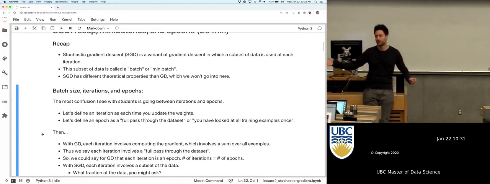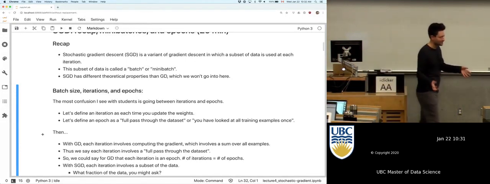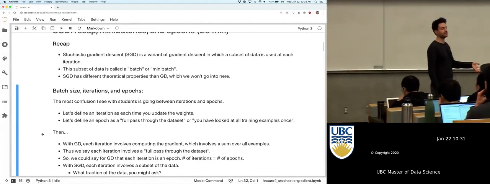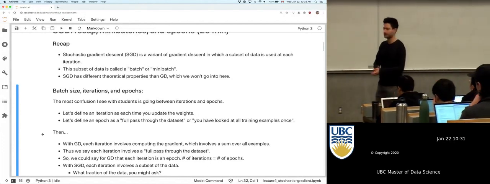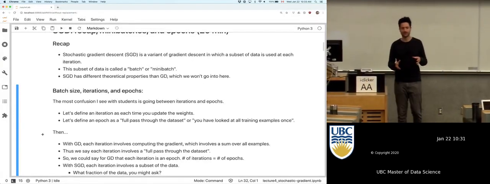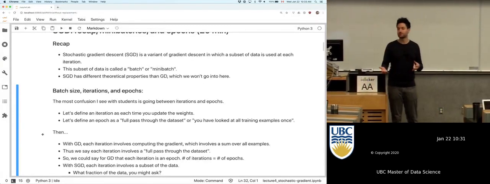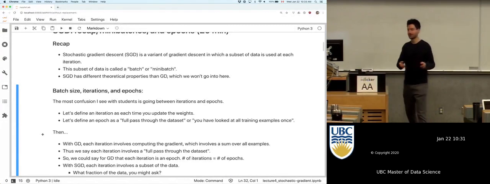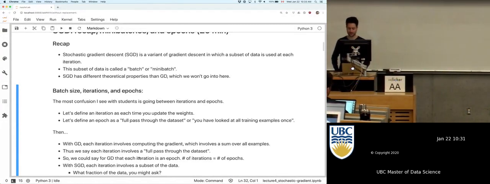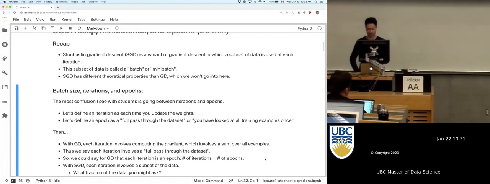Whatever loss you're using, whatever model you're using, the loss is pretty much almost always going to involve a sum over all the training examples, and therefore the gradient of the loss is also going to involve a sum over training examples. So therefore, with regular gradient descent, since each iteration involves computing the gradient, and the gradient involves a sum over all training examples, each iteration involves looking at all the training examples. So we could say that for gradient descent, iterations and epochs are the same thing.